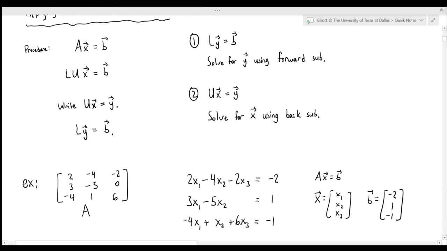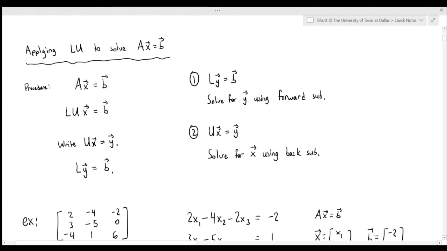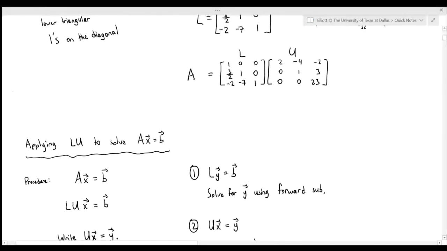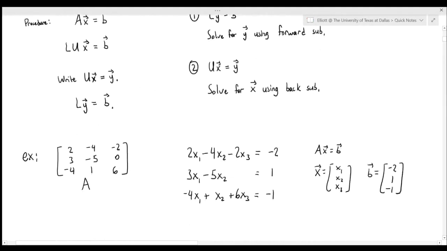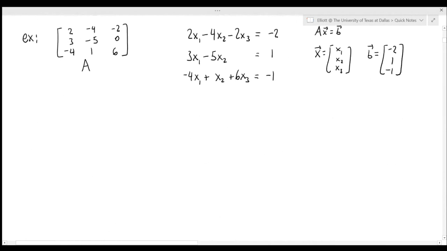So first, I'm going to need my L and my U. So let me go ahead and take my two results for L and U and copy them back down here for reference. So L was 1, 3/2, -2, 0, 1, -7, 0, 0, 1.